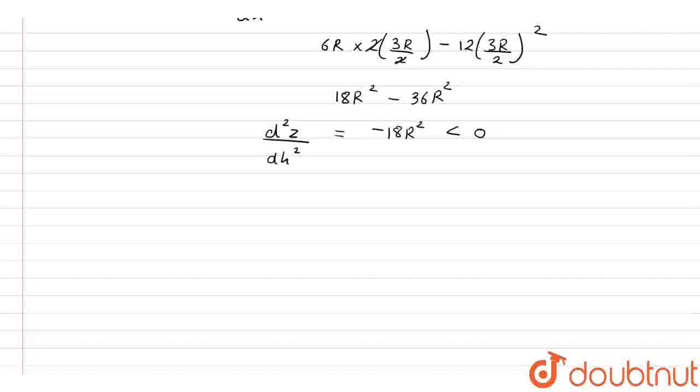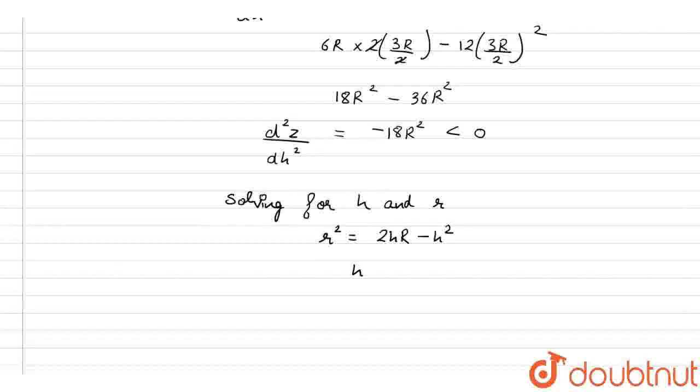Now we'll be solving for h and r, because after finding out h and r, only then can we prove whether it is an equilateral triangle or a simple triangle. So solving for h and small r, this will be r square is equal to 2hR minus h square. Further solving it, we'll put the value of h, that is 3R divided by 2, as we have calculated. We'll have 2 into 3R divided by 2 into R minus h square.